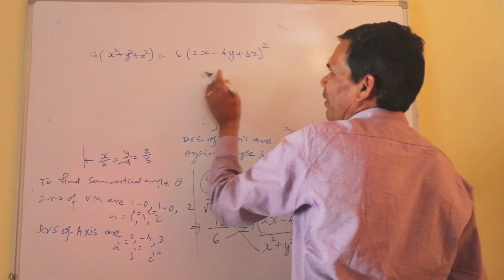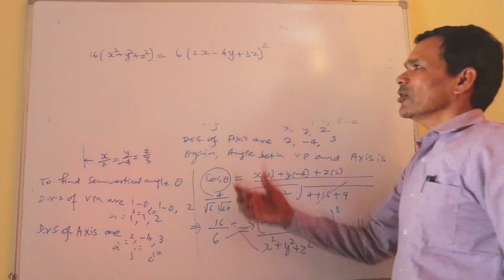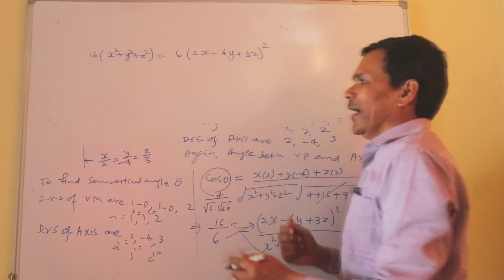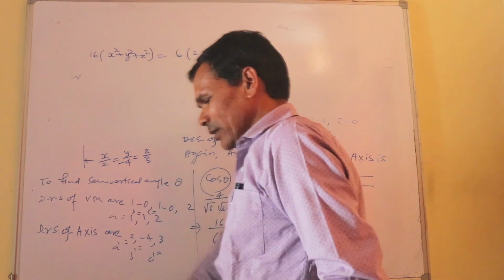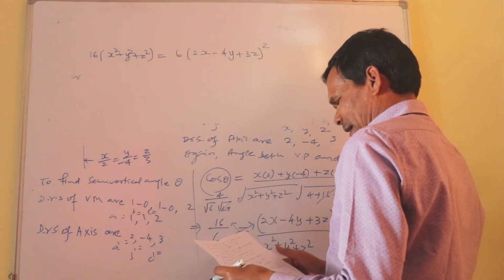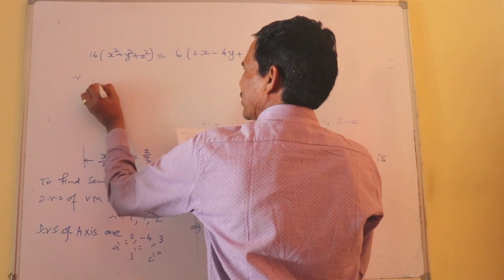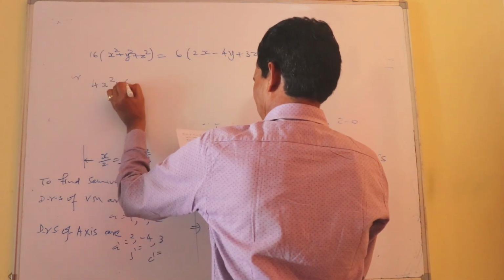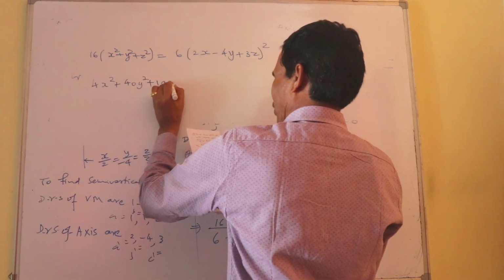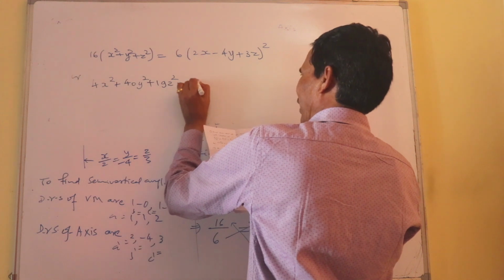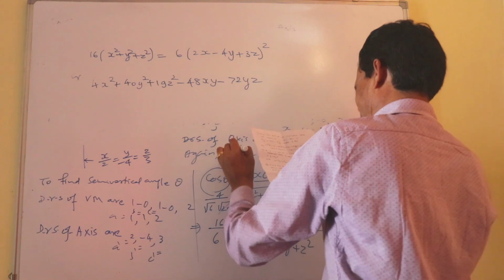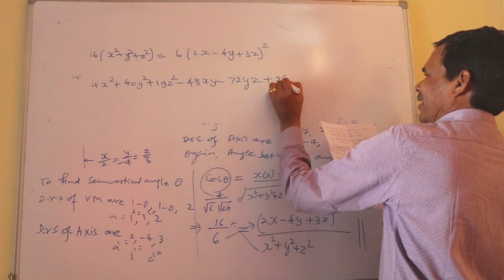Again using the same formula, (a plus b plus c) square is a square plus b square plus c square plus 2ab plus 2bc, and on simplification you get the required equation of the right circular cone: 4x square plus 40y square plus 19z square minus 48xy minus 72yz plus 36zx.